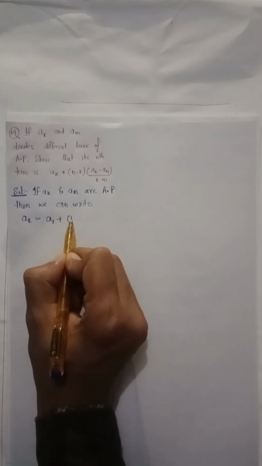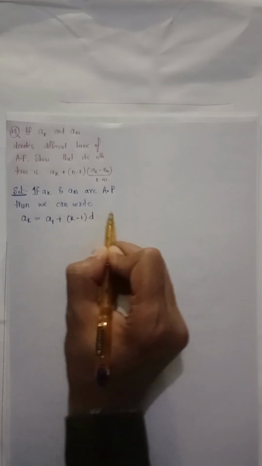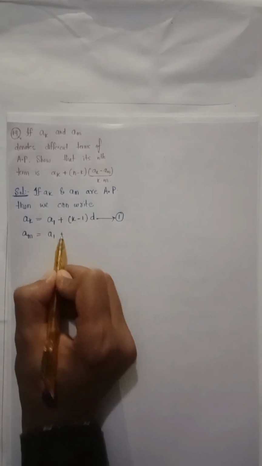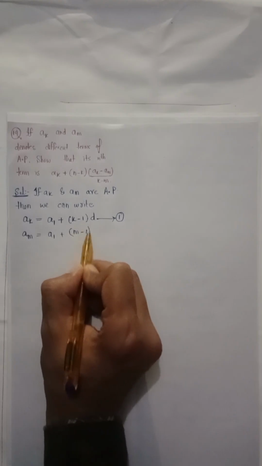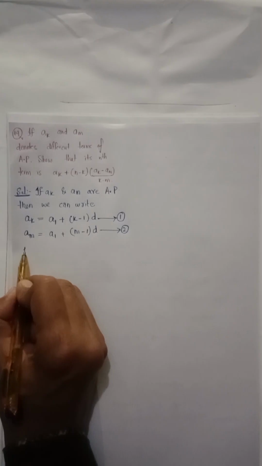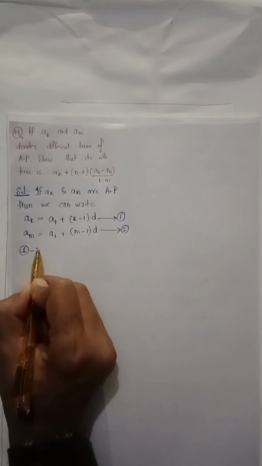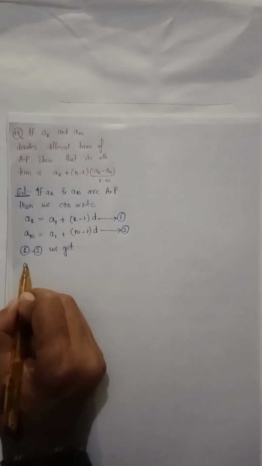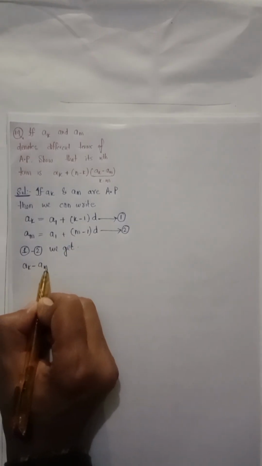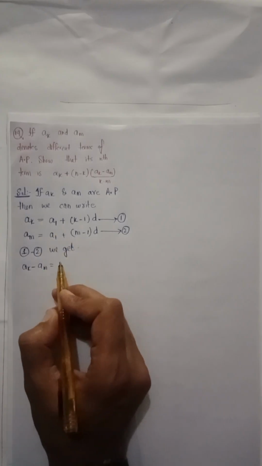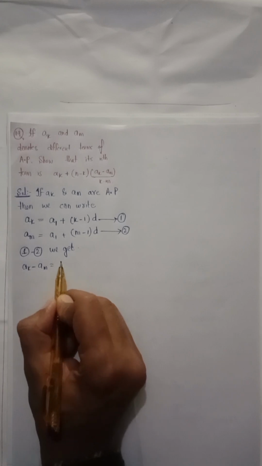This will be our first equation, and am equals a1 plus (m minus 1) into d. This is the second equation. Now subtracting these two equations, we get ak minus am equals, this a1 will cancel with the second a1, and (k minus 1) d minus (m minus 1) into d.